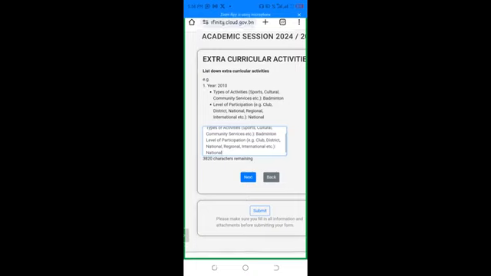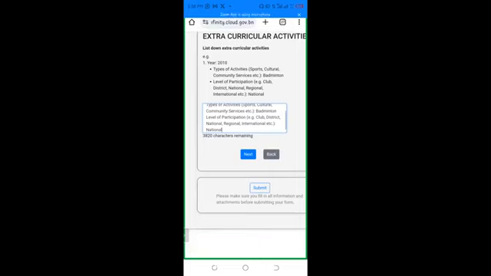And then if you're talking about international level, meaning that you've gone maybe to the UN to do something to represent Nigeria or to represent a certain community, certain cause. Maybe you want to tackle security, so you went ahead to travel to Russia to see how you can tackle security without using weapons, things like that.